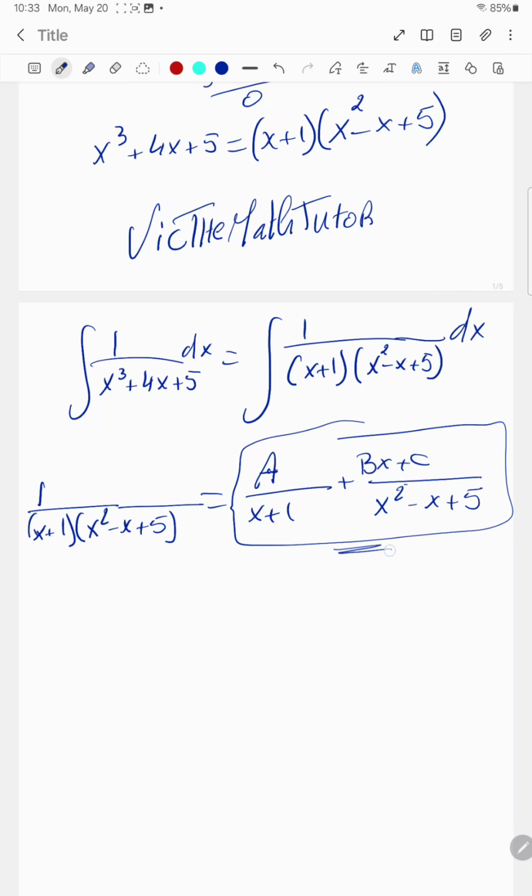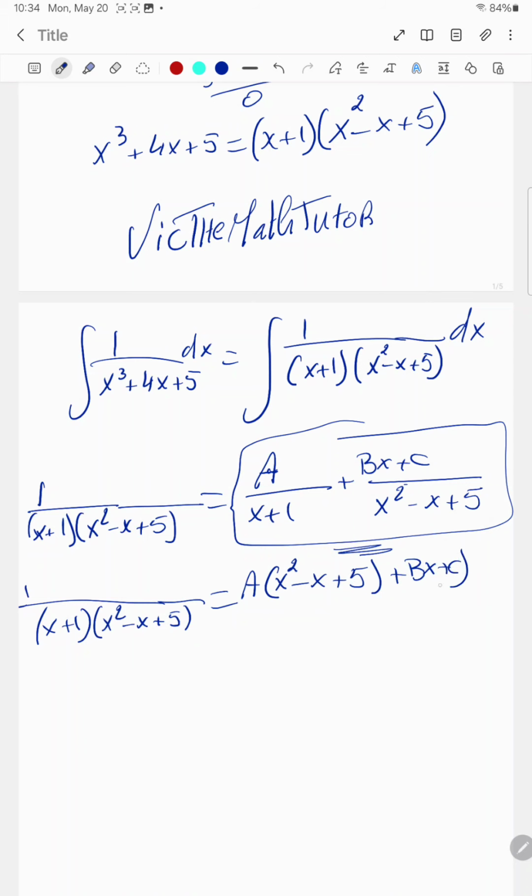So now in that part, let's do a common denominator. I would have 1 divided by x plus 1 times x squared minus x plus 5 equal a multiplied by x squared minus x plus 5 plus bx plus c multiplied by x plus 1, divided by x plus 1 times x squared minus x plus 5.